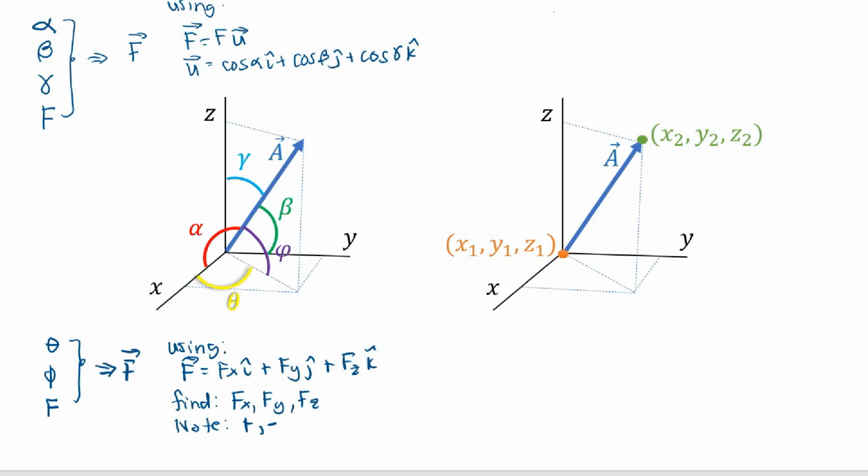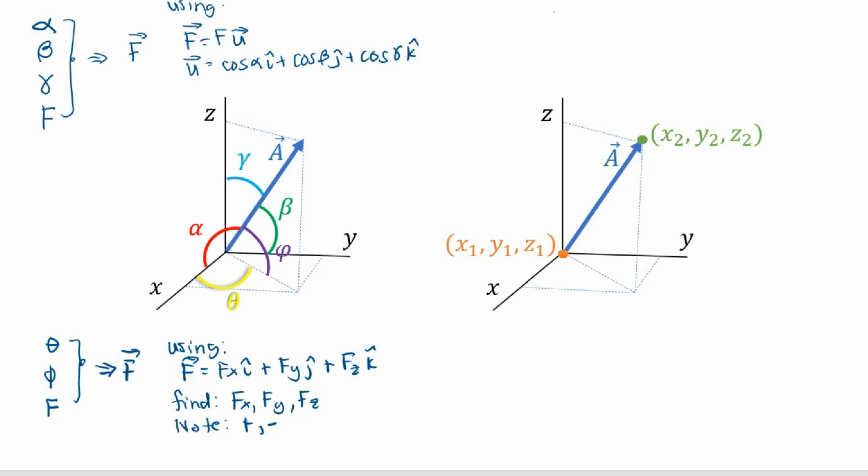Next, y1 is the distance of that point from the origin along the y-axis. z1 is the position of that point from the origin along the z-axis, and the same goes for point 2. In point 2, x2 is the distance from the origin along the x-axis, y2 is the distance from the origin along the y-axis, and z2 is the position of our point from the origin along the z-axis.